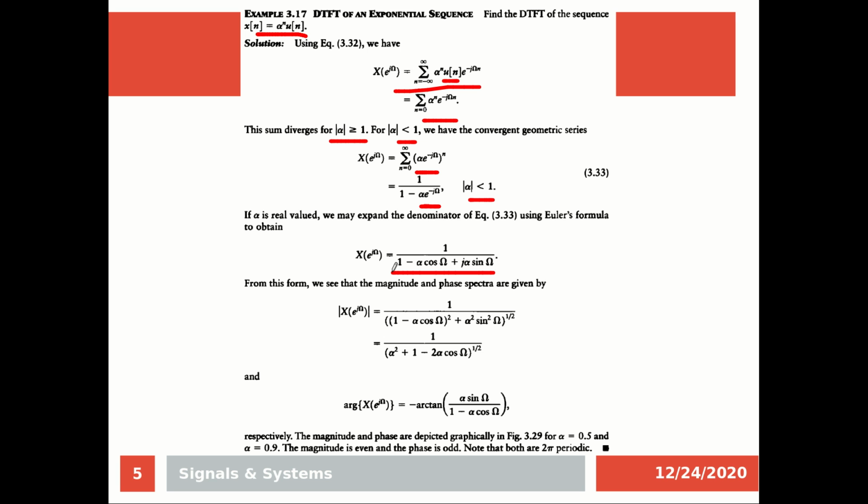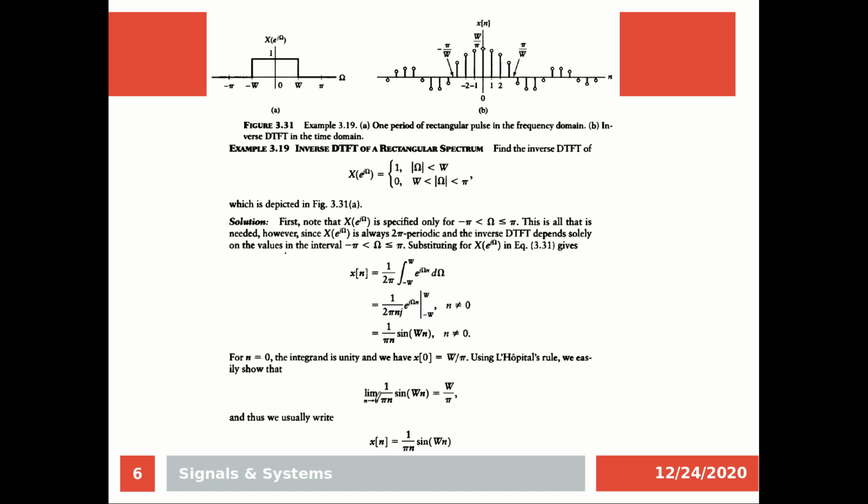From this form, you can find the magnitude and the phase, so you can draw the magnitude and phase of the non-periodic signal. Okay, the frequency components and the phase of these frequency components.